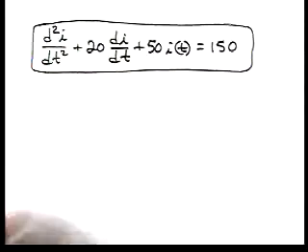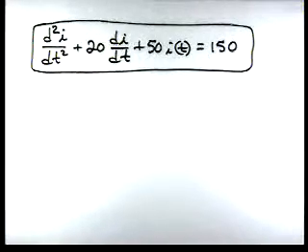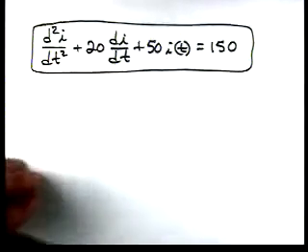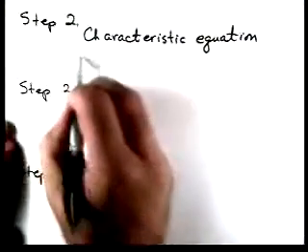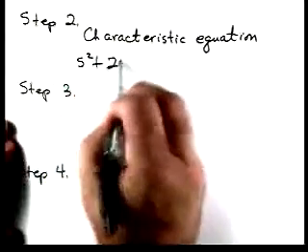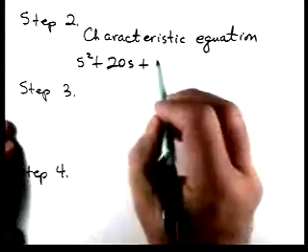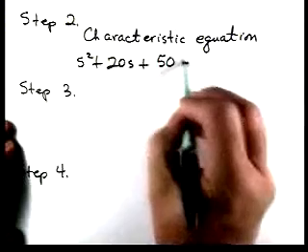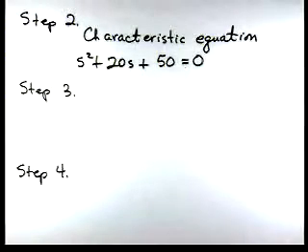So there's our differential equation for this circuit. Now, step 2 says develop the characteristic equation. The characteristic equation is going to be s² plus 20s plus 50 equal to 0.